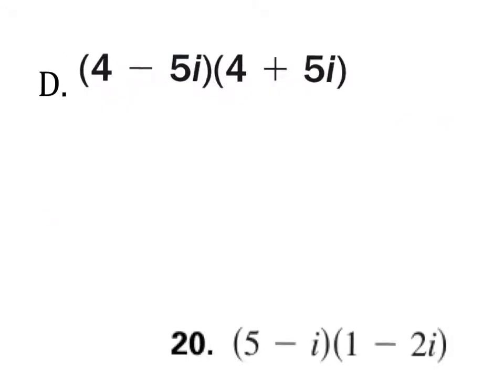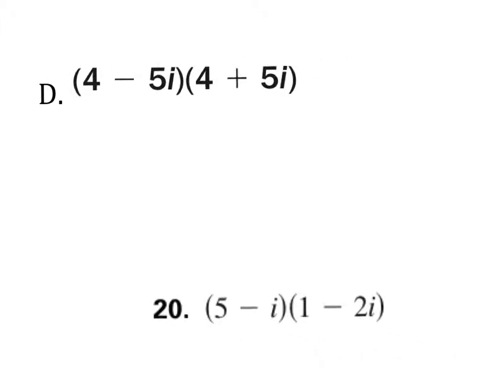So the big thing we notice here about D is that we still have a product of two binomials. So we have 4 minus 5i and 4 plus 5i. But the key is that these are conjugates. So that means I can use this super secret rule, a minus b times a plus b.